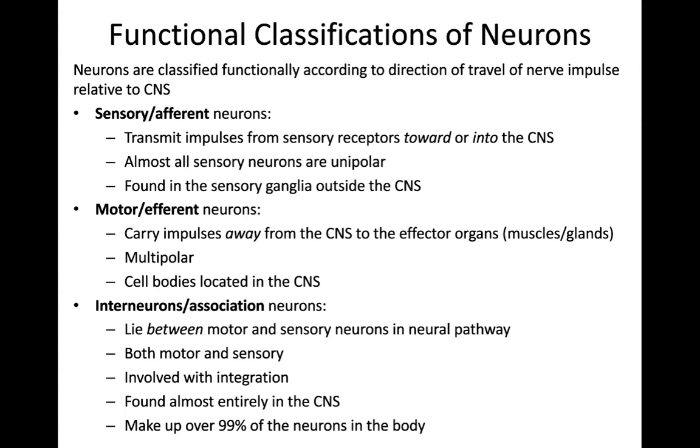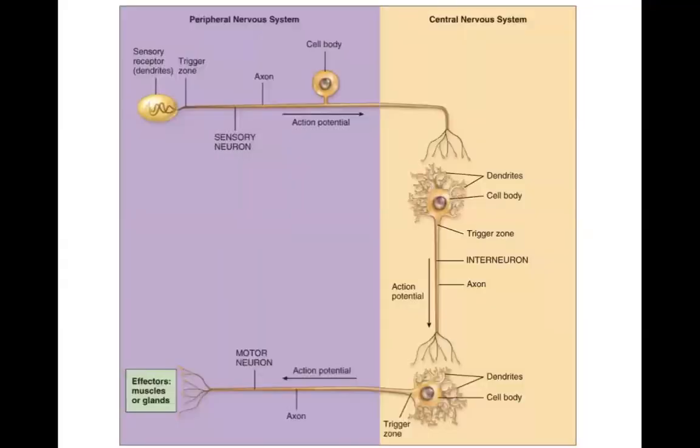And almost all of these sensory neurons are unipolar in structure and are found in the sensory ganglia outside the central nervous system, as illustrated here in this picture on the next page. We've got the purple box representing the peripheral nervous system, the tan box representing either the brain or spinal cord, the central nervous system.